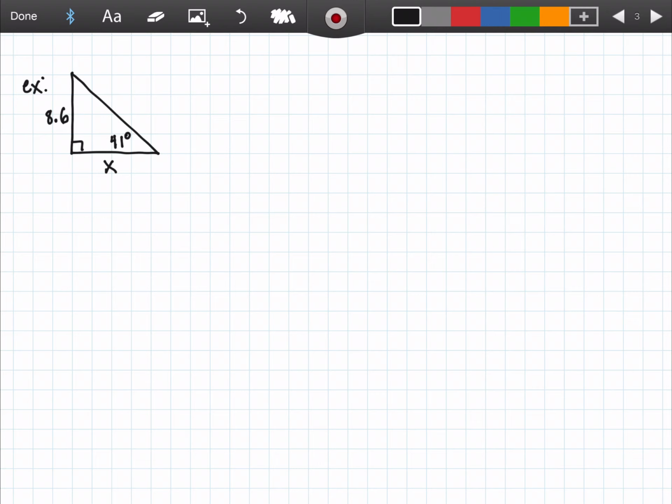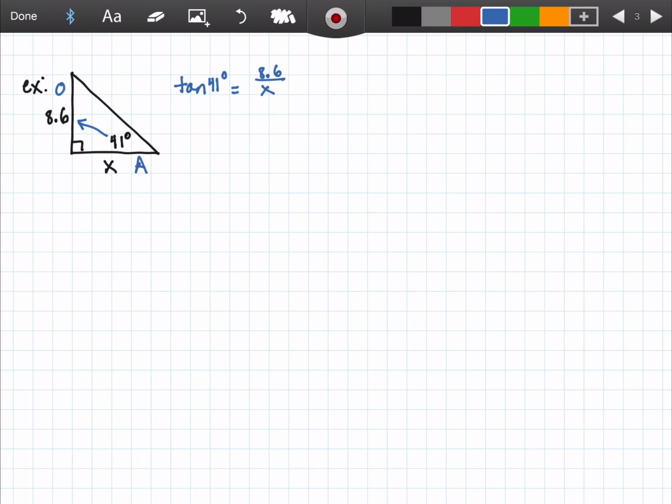Well, we can use trigonometry for this, where I label these sides. I know I have opposite and adjacent, and I'm just going to go through SOHCAHTOA and say, all right, which ratio uses opposite and adjacent? Well, that's going to be tangent. So I know tangent of 41 degrees, because that is my reference angle, equals opposite over adjacent.